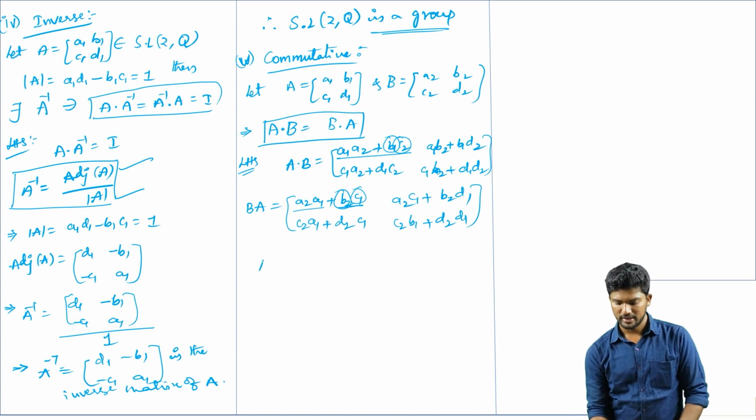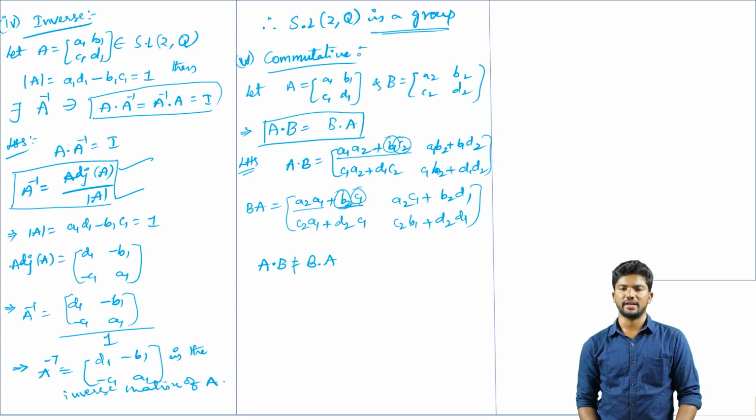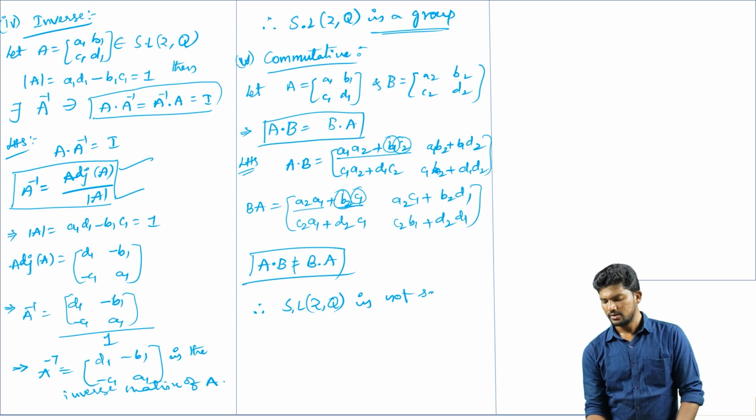So from the above two results, clearly we can say that A into B is not equal to B into A. Therefore SL(2, Q) does not satisfy the commutative property.